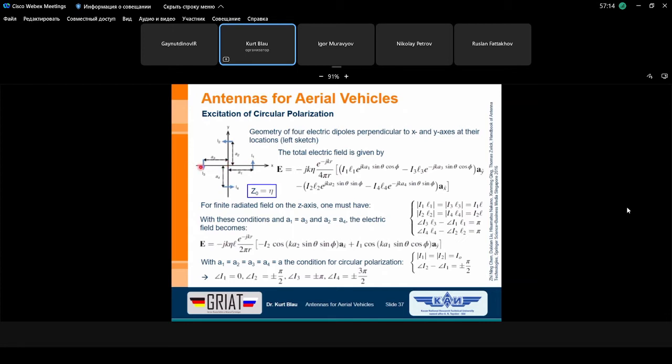That means between these two dipoles we have a phase difference of 180 degrees from a symmetrical feed line. Both dipoles are fed from a symmetrical feed line with a sinusoidal voltage, and so the phase difference is 180 degrees, meaning the minus here has nothing to do with this minus here.